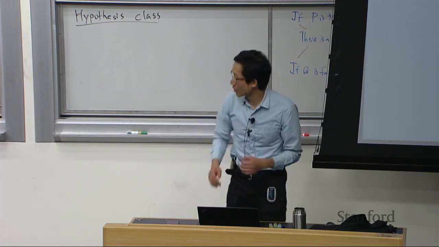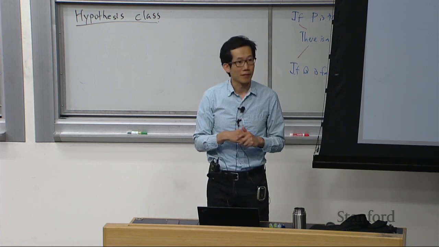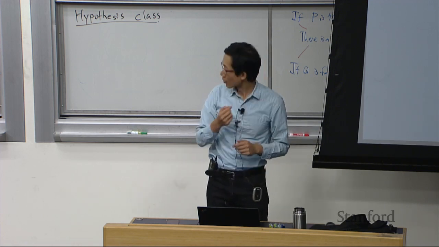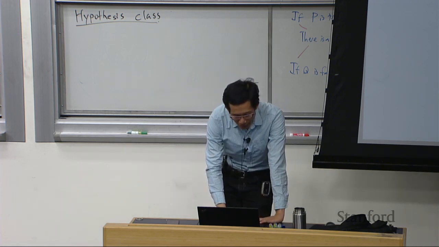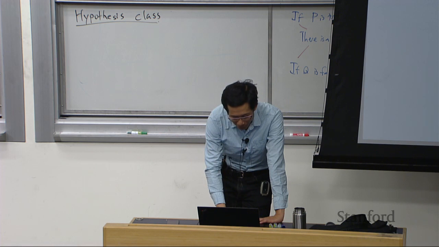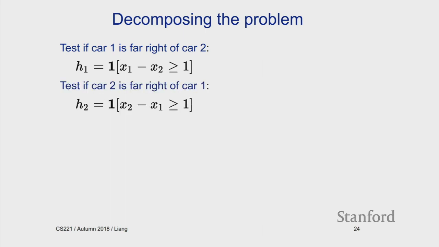Okay, so the key idea here is decomposing the problem. Let's break this down into first testing whether car 1 is to the far right of car 2. That means x1 is greater than x2 plus 1. That tests whether you're in this lower region on the board there.